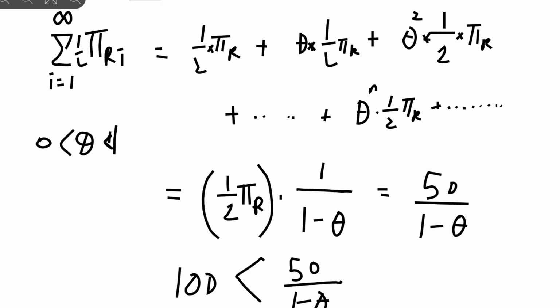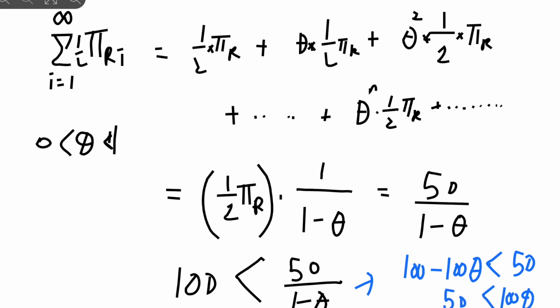So what kind of theta can we get? 100 minus 100 theta is smaller than 50, so 100 theta is greater than 50, and theta is greater than half, right?